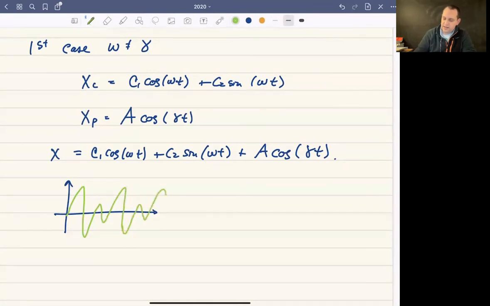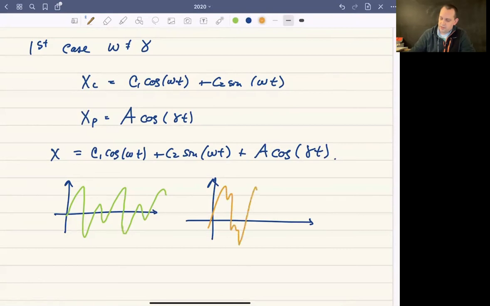And then if you add in an external force, that can make it go even worse. It'll be a little bit more chaotic, something like that, and then it'll be periodic. Okay, so that's the idea. That's forced resonance, and you're just adding a forced periodic external force to that mass system. So that's the first case.